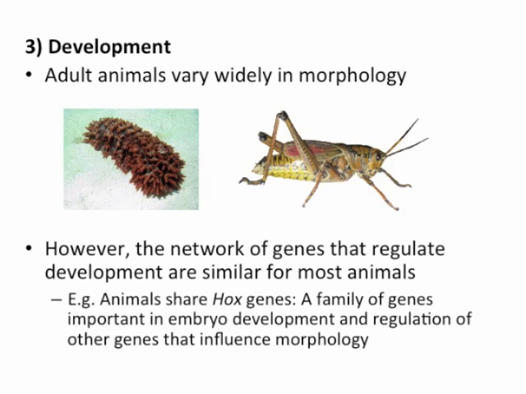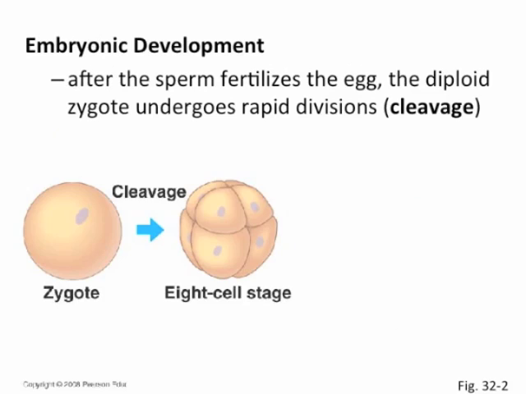So I'm going to show you a video in a second, but I just want to talk about some of the common developmental stages, and then I'm going to show you a video actually taken of a sea urchin early development that shows this. And this is pretty much the same thing that happens for all animals. So after fertilization, after sperm and egg meet up, they form a zygote.